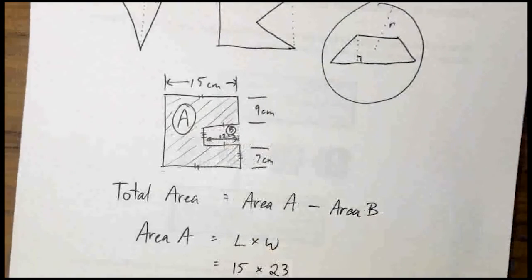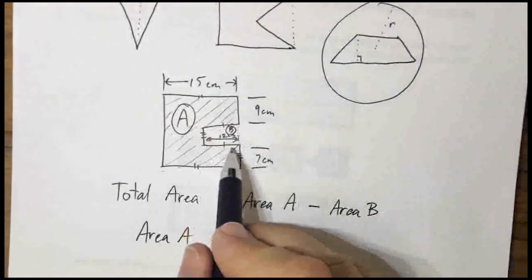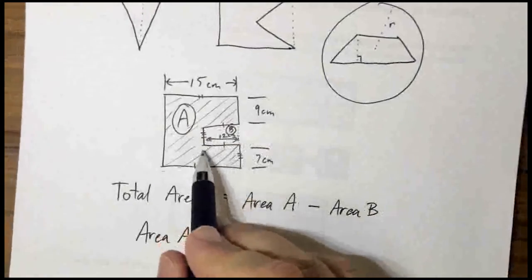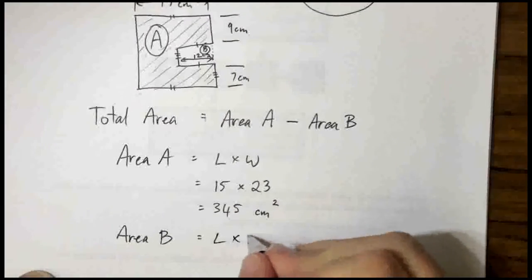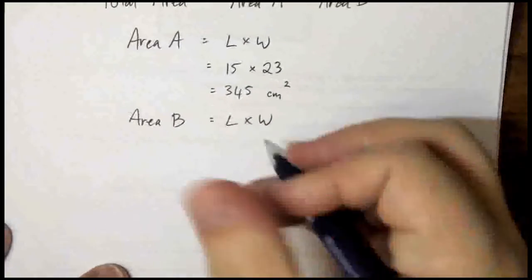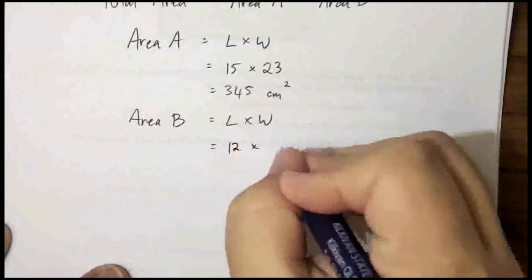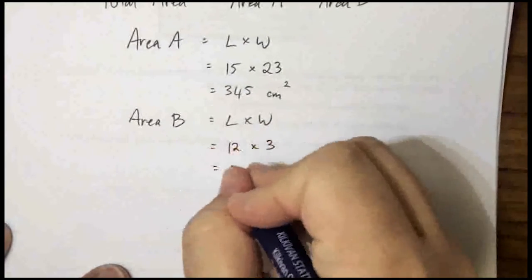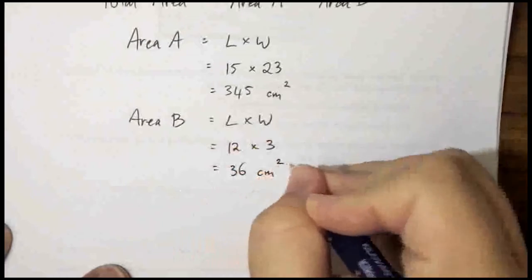I have measurements for that. It'll be 12 centimetres by 3 centimetres. So length times width. Let me make some space for my paper. 12 by 3, which is 36 centimetres squared, right?